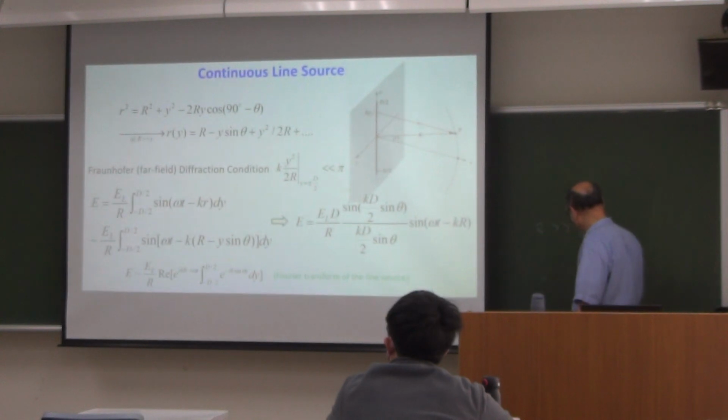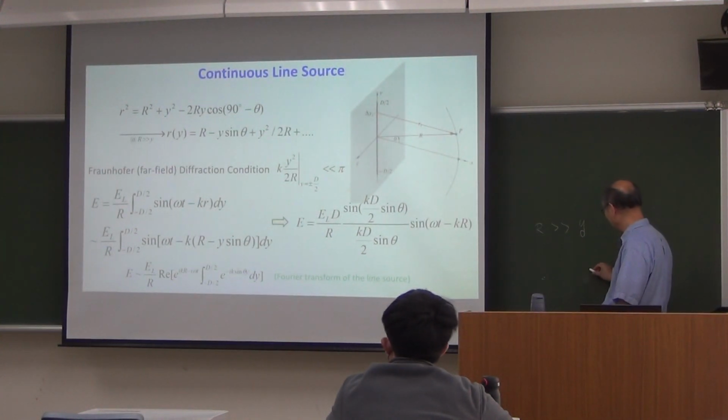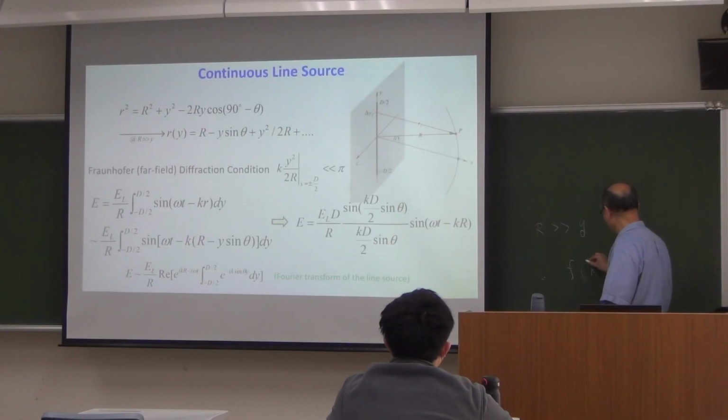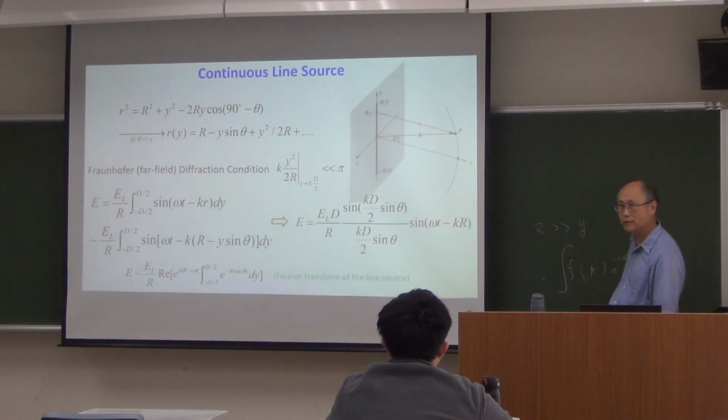What is the Fourier transform? Fourier transform is some function of t times exponential minus i omega t. This is the Fourier transform. Do you all agree? Yes. Everybody recognizes it.